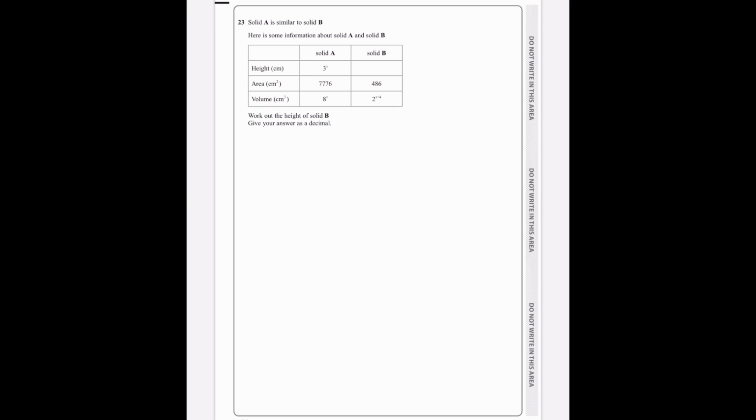Okay, question 23. This question is all about scale factors. It gives us the numerical scale factor of areas, so 7776 to 486. I'm going to simplify that straight away by dividing both sides by 486, and it comes out nicely as 16 to 1.